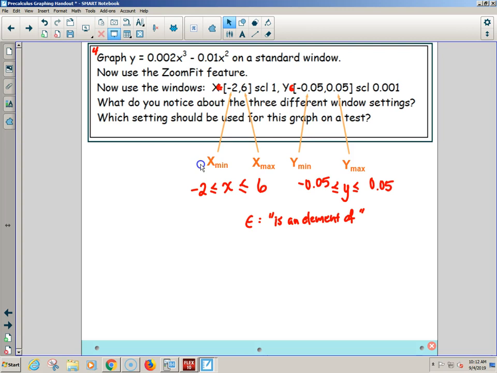X max shows you how high the X goes, like when you're doing a graph. Y min and Y max show you, once again, how low and how high the Y's go. We've already done interval notation, so this isn't super crazy, as you kind of know what this little e is already.